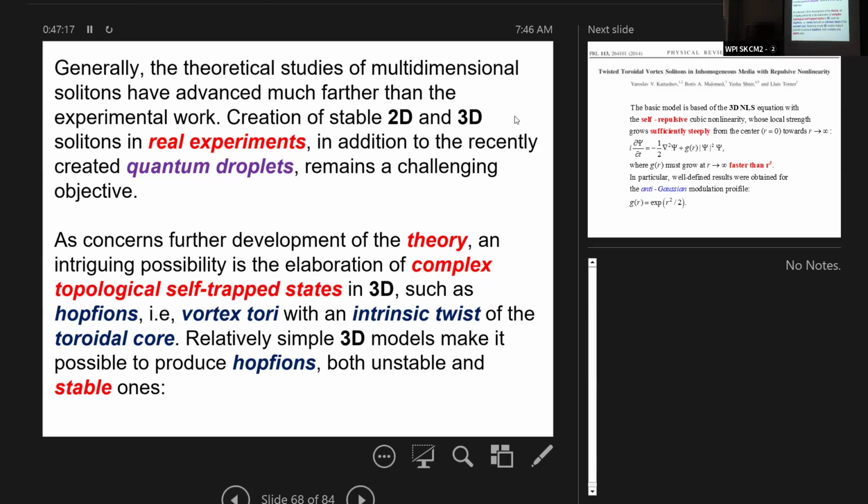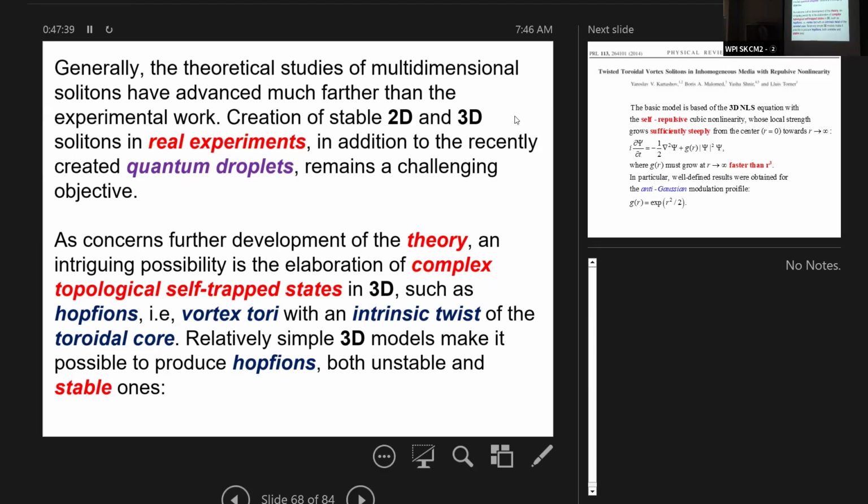Nevertheless, rather surprisingly, at least one particular scenario for the experimental stabilization of soliton-like objects was implemented. These are quantum droplets, which I mentioned, where the stabilization is provided essentially by the competition between the cubic self-attraction and quartic self-repulsion.